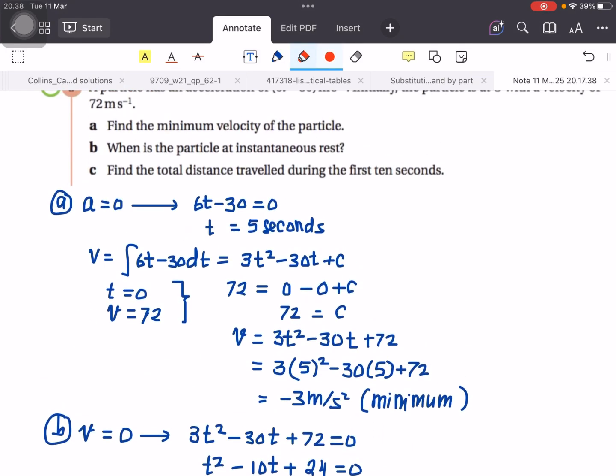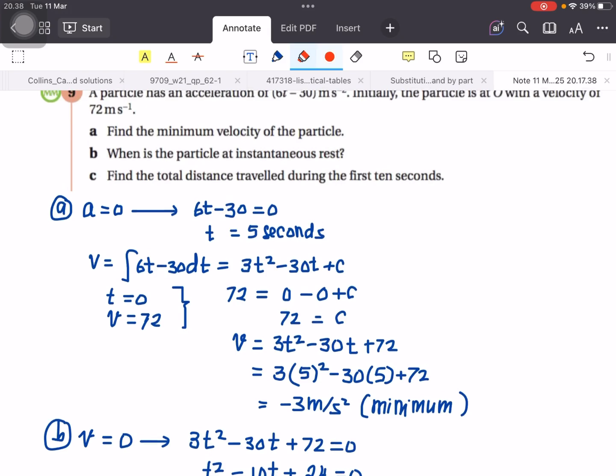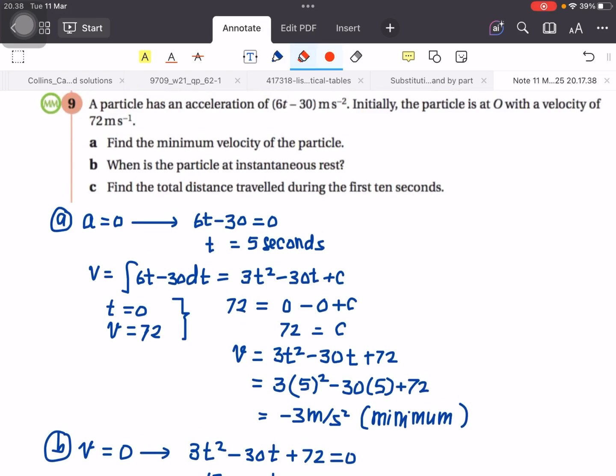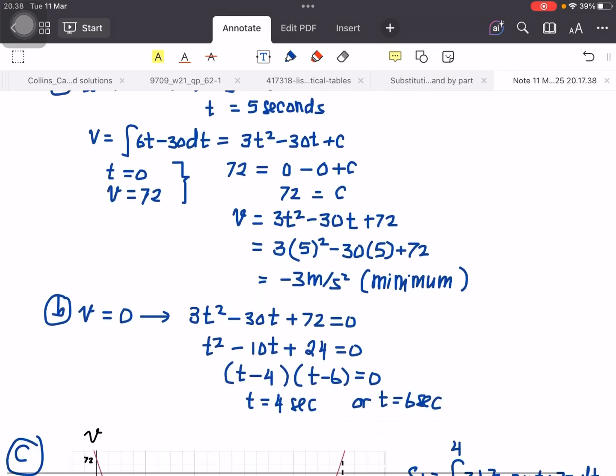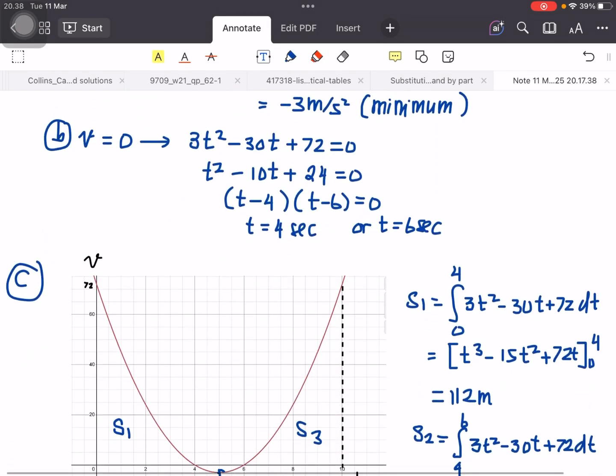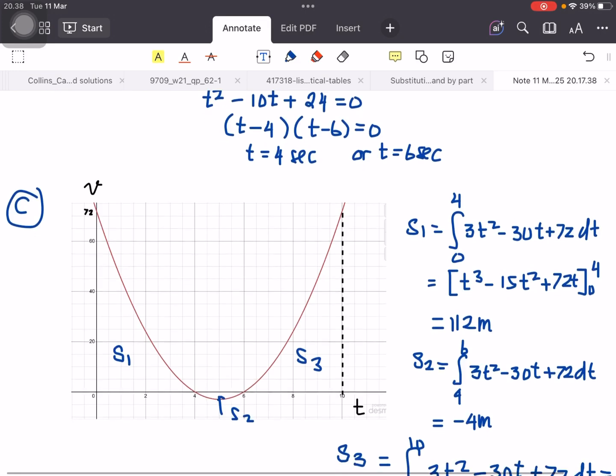And then for part C, find the total distance traveled during the first 10 seconds. So I think we need to sketch the graph first from 0 until 10.